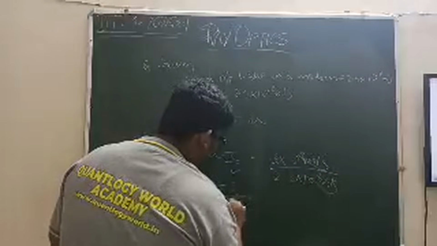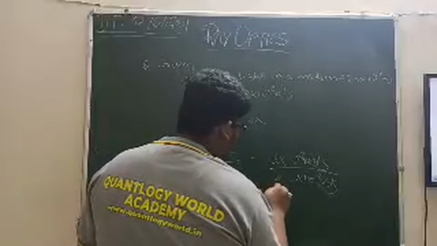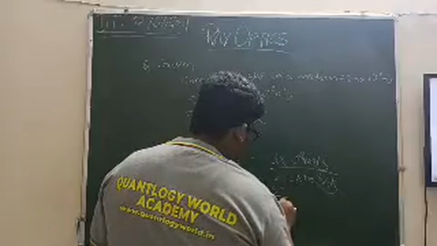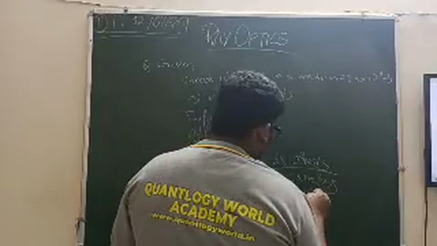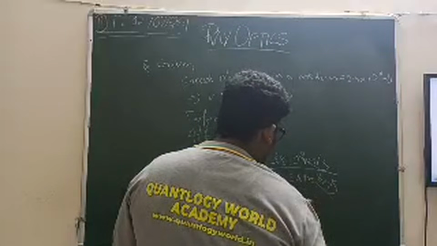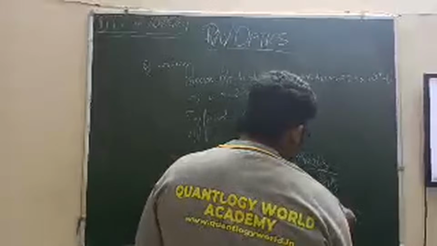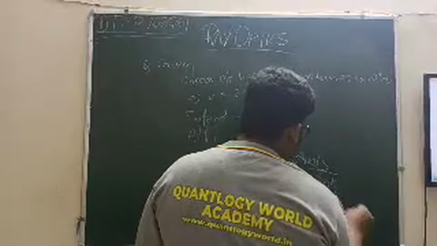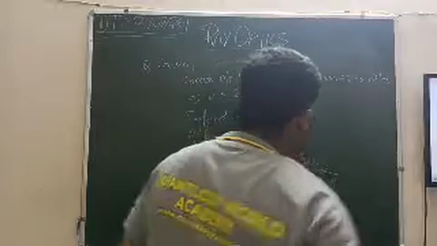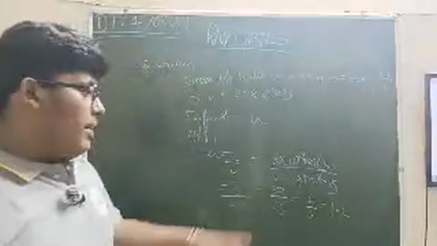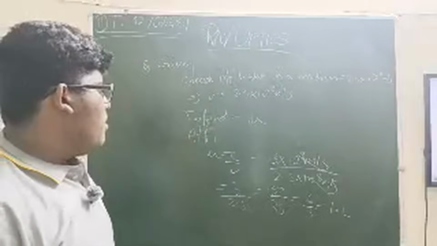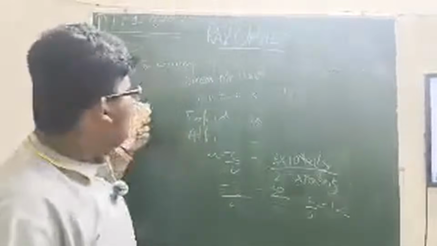Cancelled. 3 by 2.5 equal to 30 by 25 equal to 6 by 5 equal to 1.2. So this is the refractive index of the given medium.